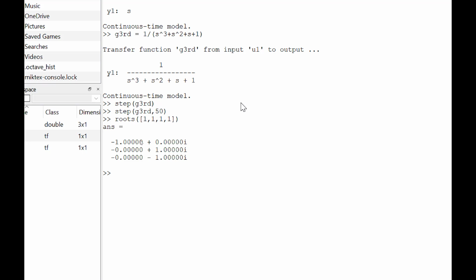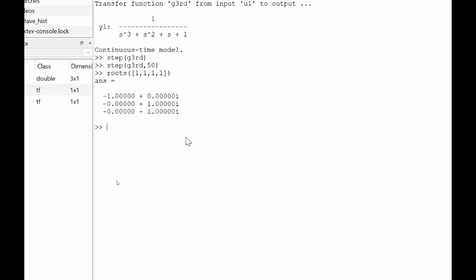And what we have here is we actually have a stable root because it's in the left half plane, but we have two roots that are on the imaginary axis. So what this means is that there are no right half plane roots. There's not a positive real part anywhere here. But we do have two roots on the imaginary axis, and that means that the system is going to oscillate forever, which we saw.